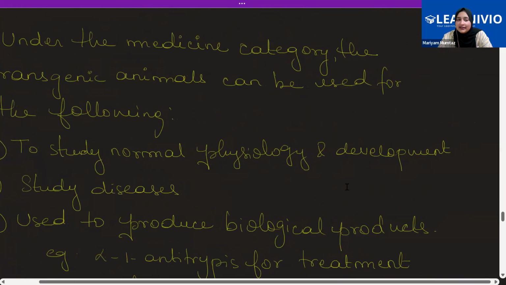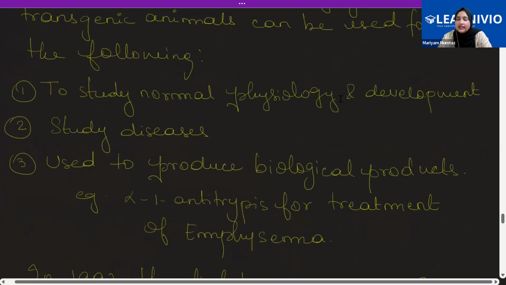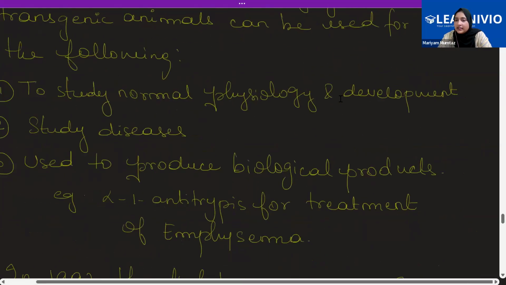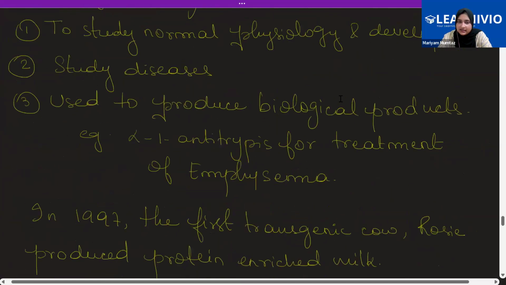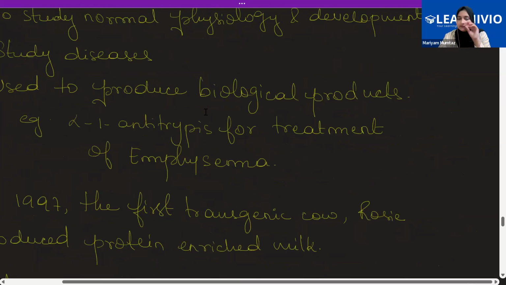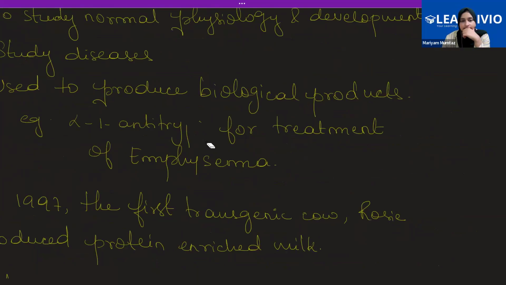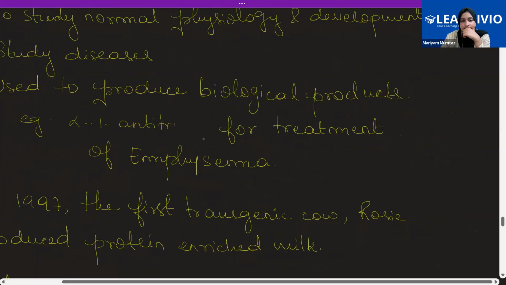Under the medicine category, transgenic animals can be used for studying normal physiology and development, to study diseases, and to produce biological products as well. For example, alpha antitrypsin for the treatment of emphysema disease.